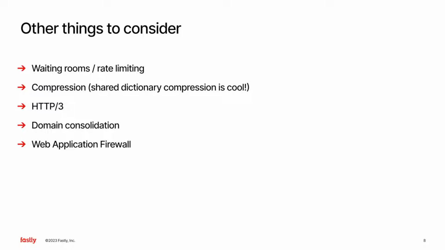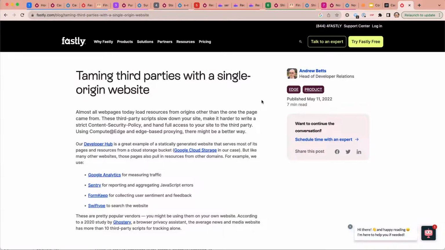It also doesn't help your SEO. Search engines tend to prefer a website where all the content is loaded from a single origin. So you can help improve this with Fastly by setting up your service to serve all of the content from different backends under a single domain name.